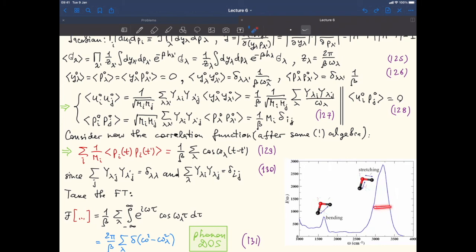Of course, the peaks are broadened because this is water. There are many other contributions. In ice, they would have been much better defined, much narrower. But this is what we have in real simulations of a real system.